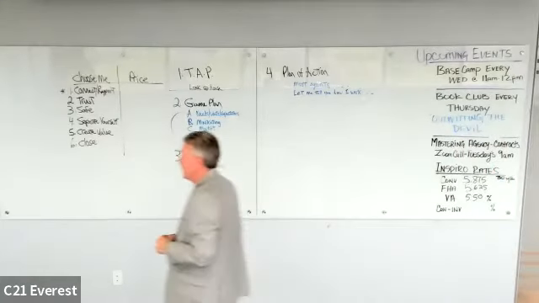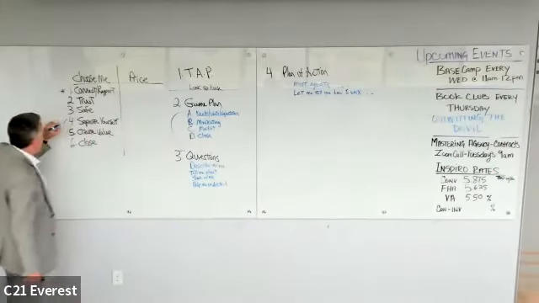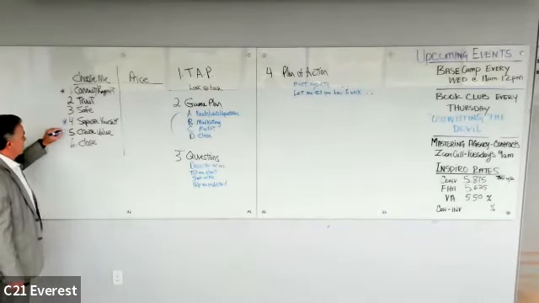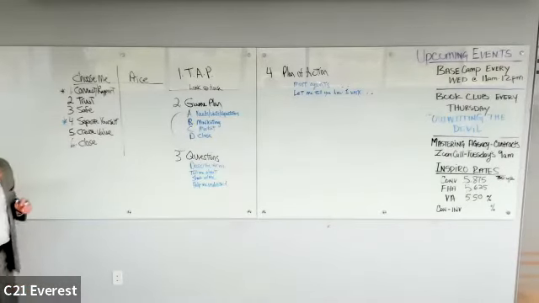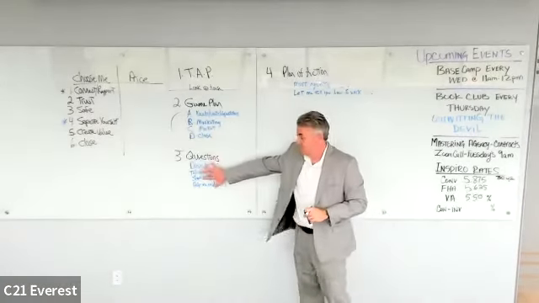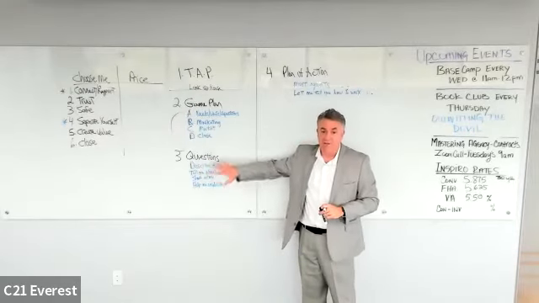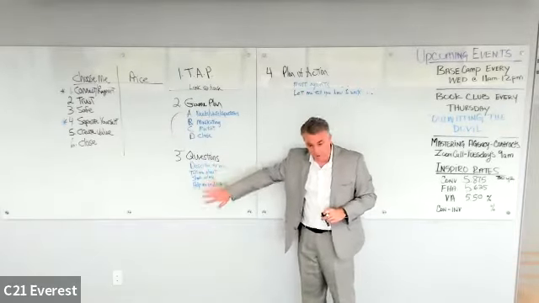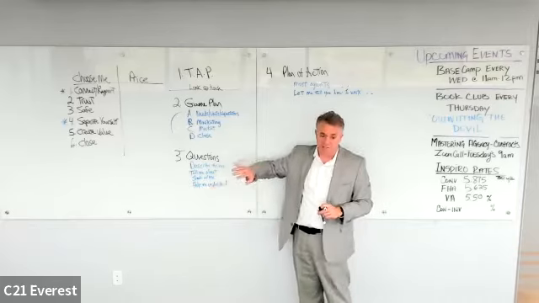Now, the idea of that is, again, this is where we start to separate yourself and create the value. In this section down here I'm finding out what they're concerned about, what they think should have been done, how they would like to see it done in the future.